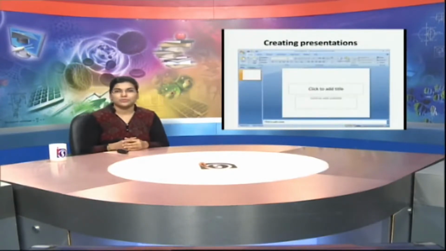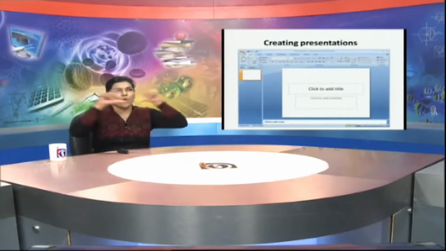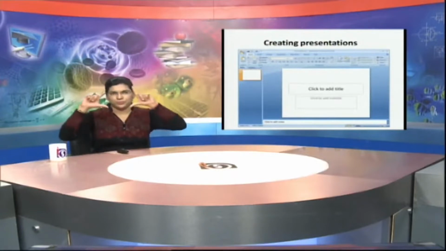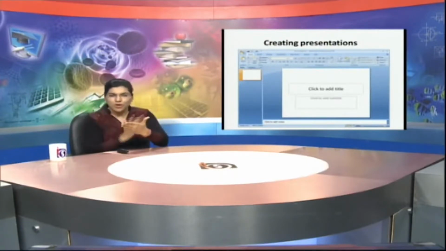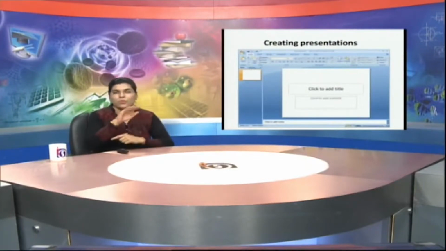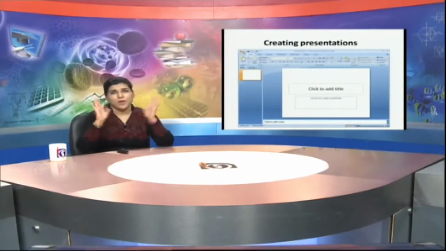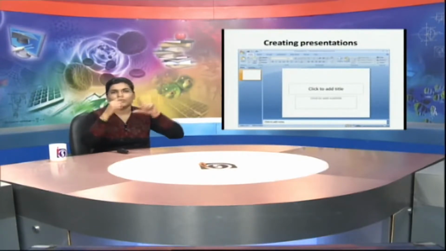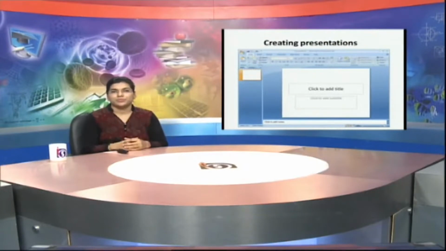After opening, you will see the same view as you see in the slide. This is where you start creating presentations and you can add more and more slides to it. This is very useful to present your views, your ideas.